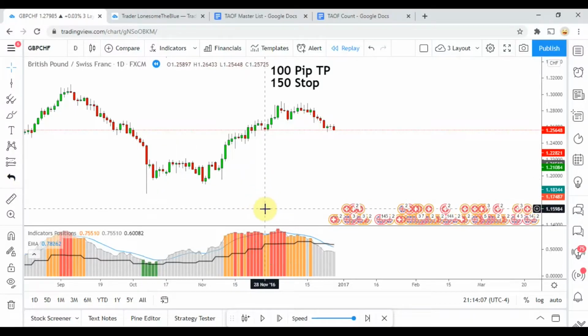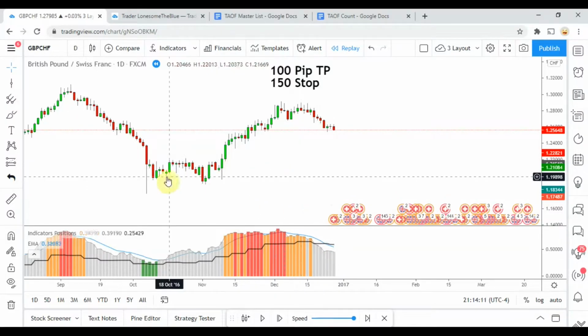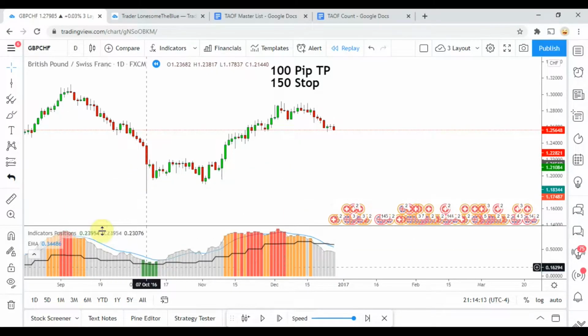And so we should be looking for a reversal or a short trade. And in reverse, when the green appears, then there are a large number of indicators in the oversold position. We should be looking for a reversal and a long position.